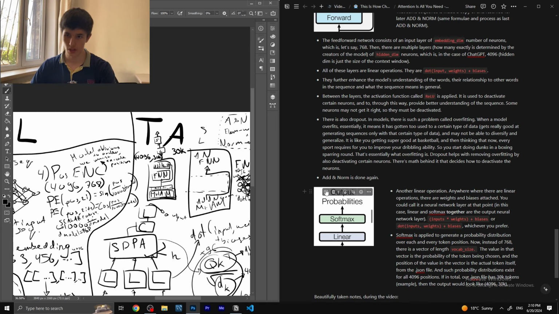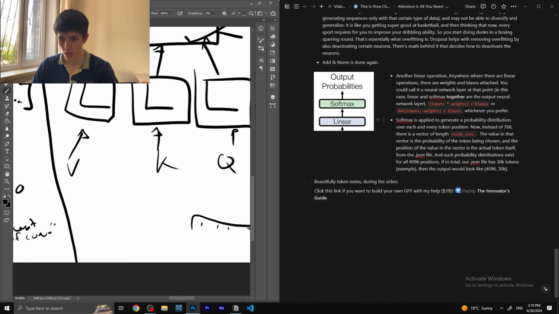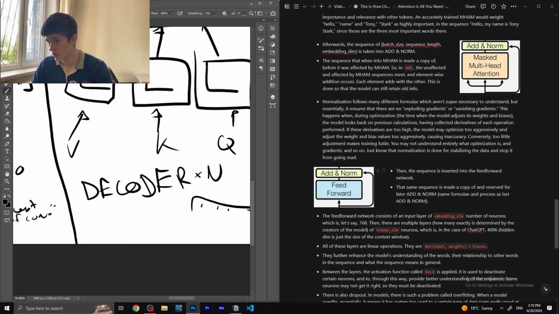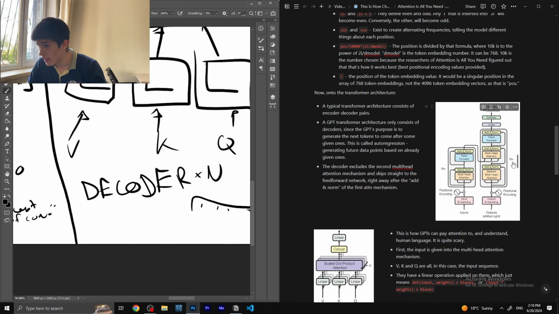And by the way, there's something else I have to mention. There's the decoder. This decoder that we have is stacked on top of itself multiple times, and I think it was written over here, times n. So essentially, that's how many times you want to stack a decoder, because a GPT has multiple layers.